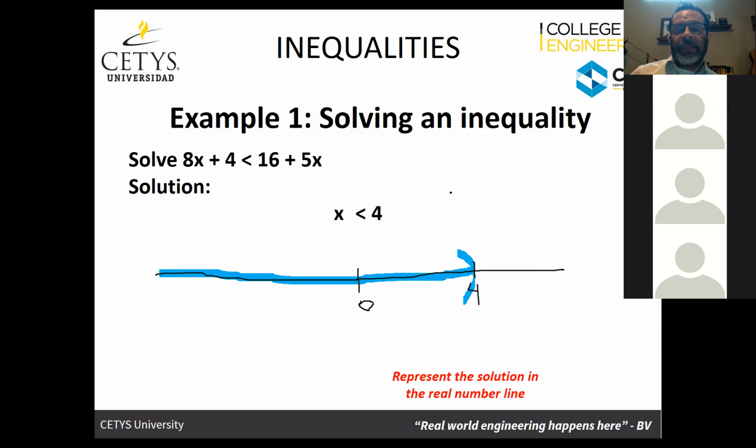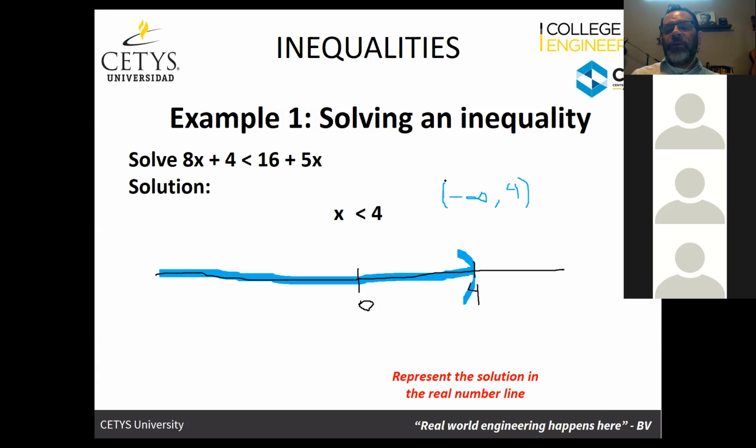And if we're going to represent this as an interval, how would we represent this? Can somebody tell me? You could use a parenthesis, negative infinity. Correct. This goes from negative infinity to 4. Correct, Viviana. So we're going to use a parenthesis and say minus infinity, comma, 4.